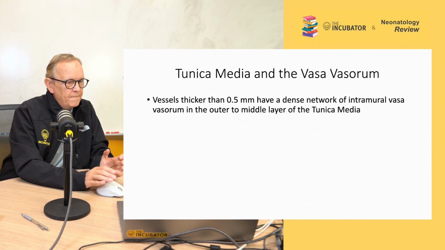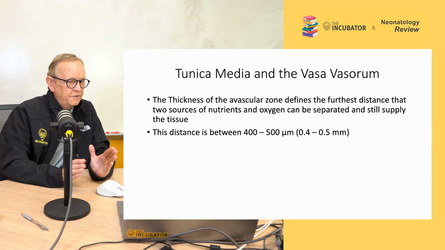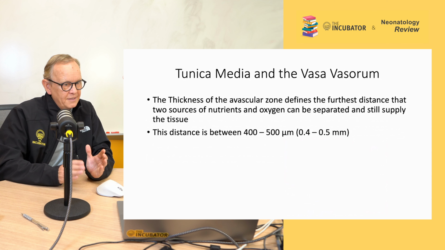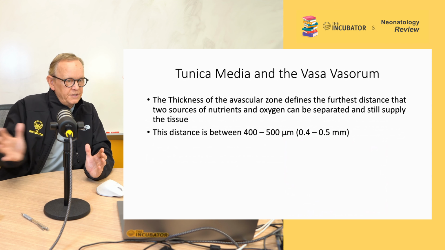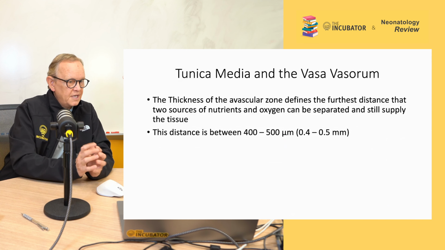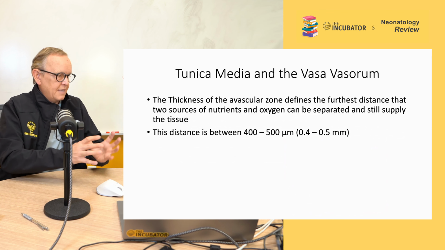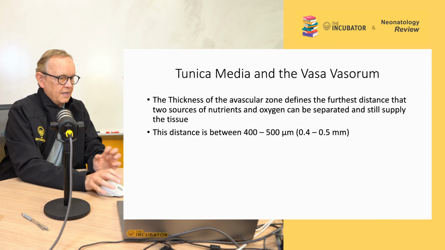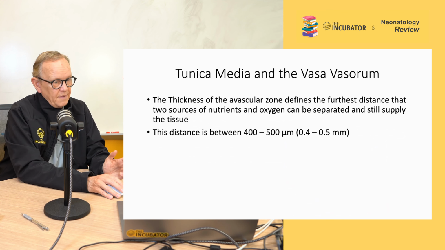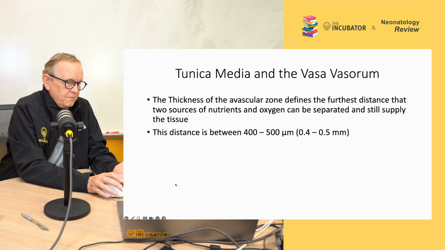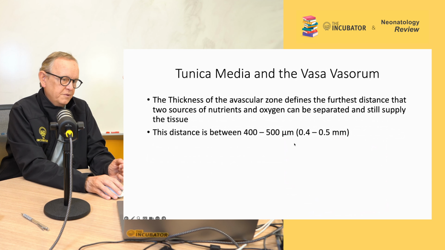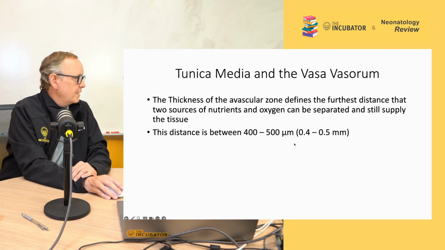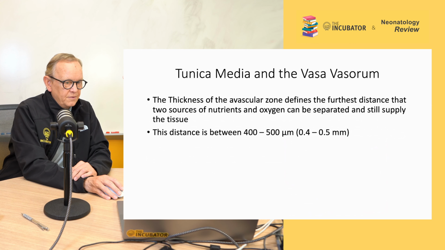So the thickness of the avascular zone and the distance from the source from which oxygen diffuses in really has an effect on whether or not that area gets perfused. Again, somewhere around 0.4 to 0.5 millimeters, or 400 to 500 micrometers.